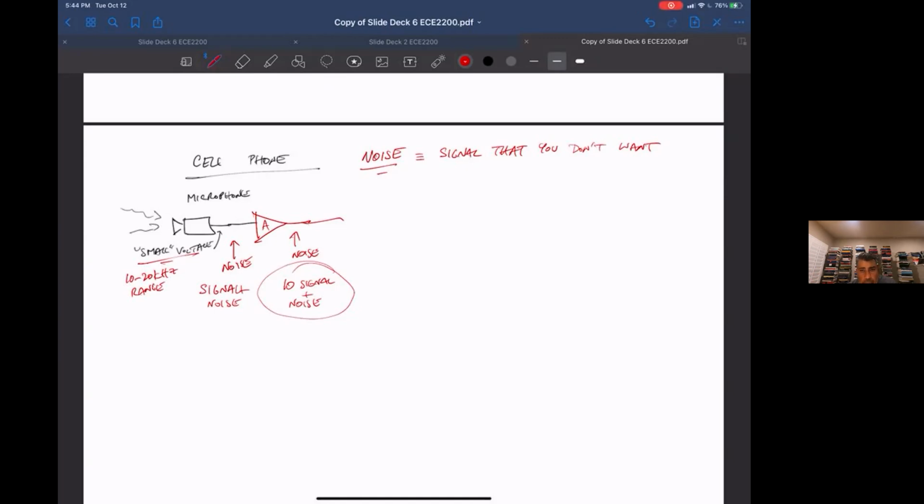Why is that? Well, you'll see this in other classes, but to get an antenna to work well, frequency and wavelength are inversely proportional. So something that has a low frequency has a very long wavelength.